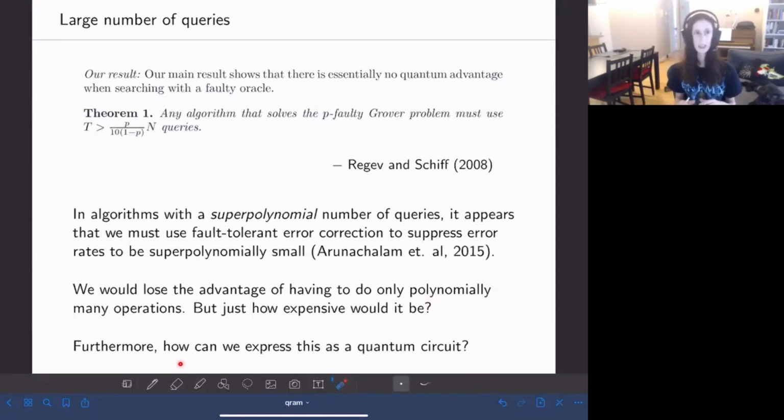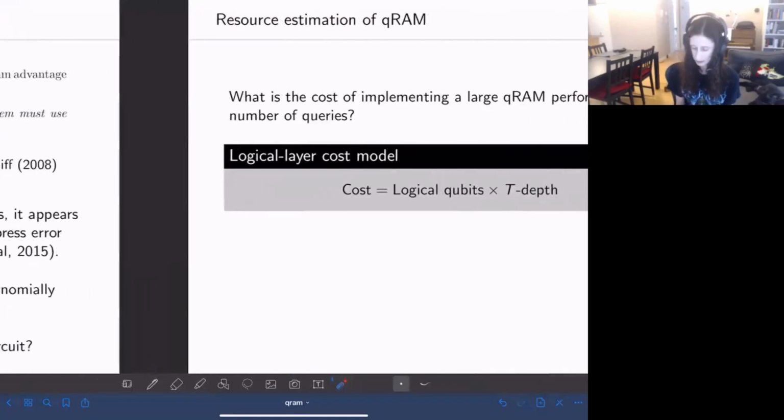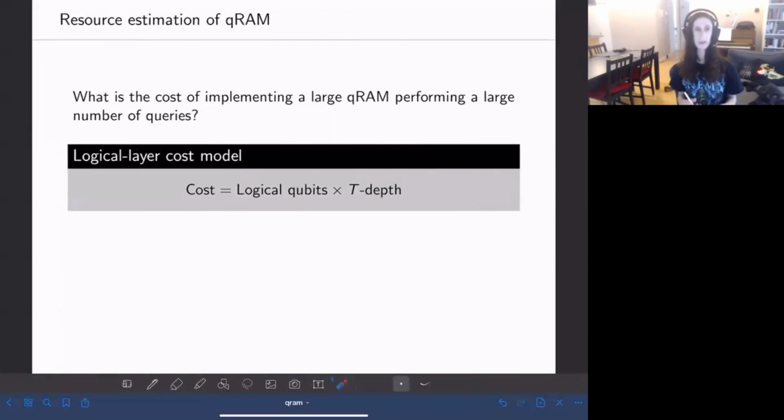If we have just a regular quantum computer with a bunch of qubits, we have to somehow be able to translate this bucket brigade scheme to a regular circuit model on qubits. So we're going to do that, and then actually look at the resource estimates for this type of qRAM.